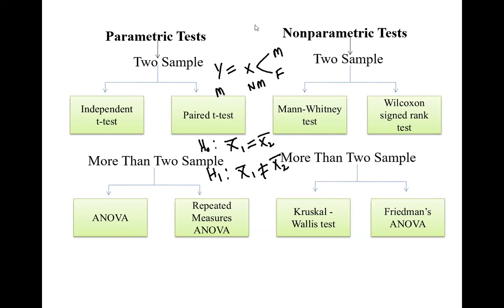Again I am saying, Ekta, in an independent t-test we compare two groups. I am saying there is gender discrimination in society, or females are getting lower salary than male teachers. This is my hypothesis.